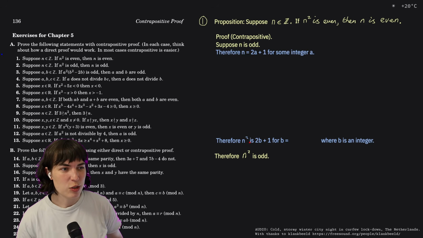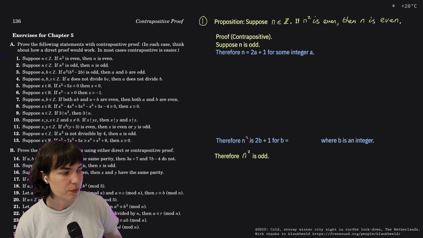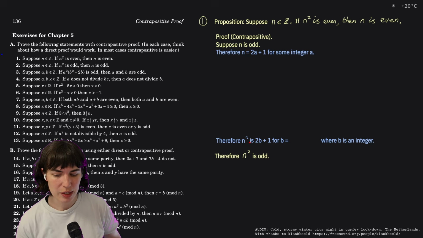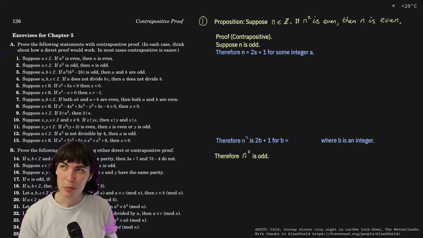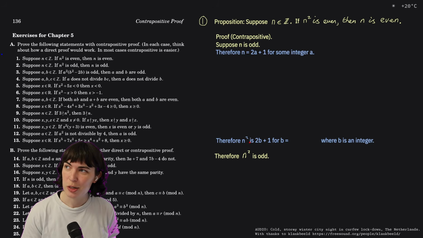Starion1 says, is there a beginner's book or something for this kind of stuff you recommend? There is not. This book I think is designed for early college level mathematics, and I think it would be hard to write a book on proofs that was more beginner level than that.